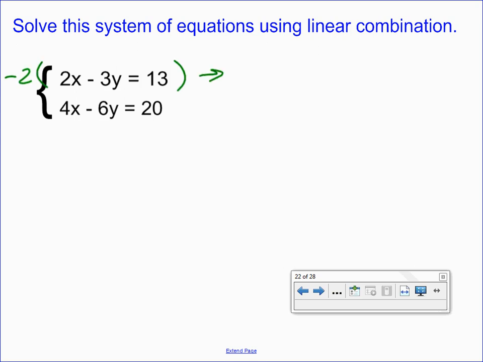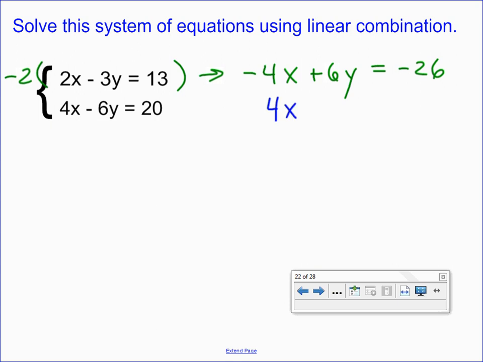All the way through, if I did negative 2 all the way through, I'd get negative 4x plus 6y equals negative 26. My second equation I'll rewrite as is because I wanted exact opposites in the x's.